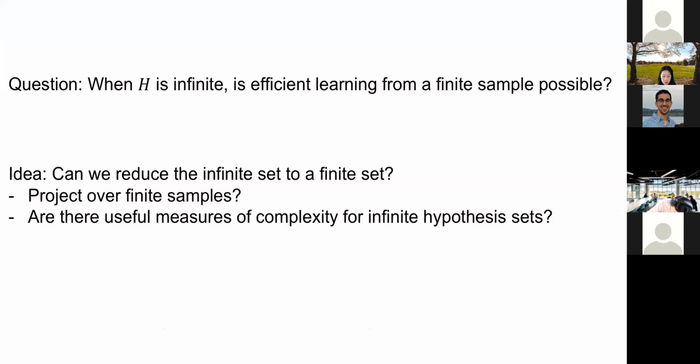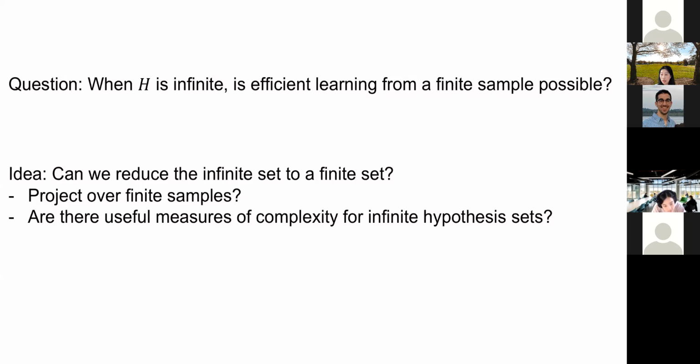Now we've learned about when H is finite, but in a lot of scenarios, even the axis-aligned rectangles, the first hypothesis class we've learned in class, it is going to be infinite, right? Because you have infinitely many axis-aligned rectangles in the plane. So the question would be, is efficient learning from a finite sample possible when the hypothesis set is infinite?